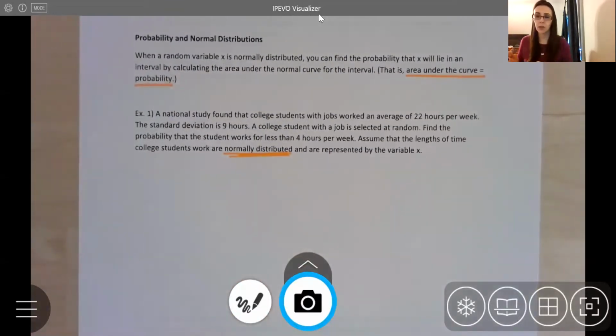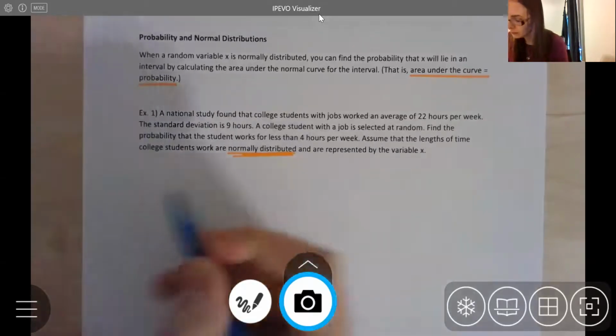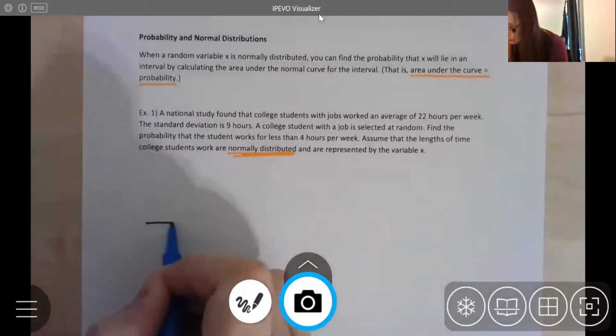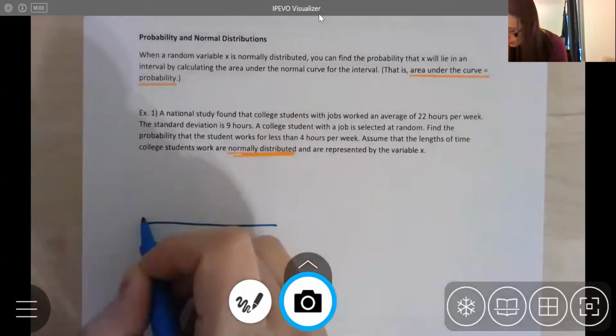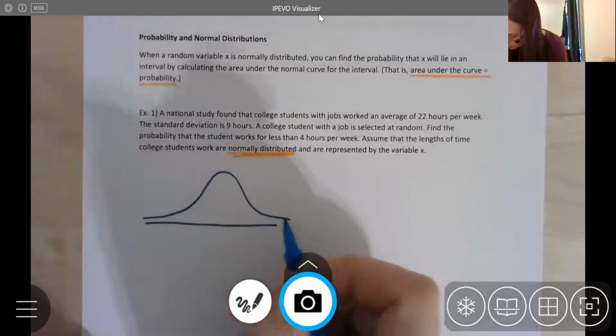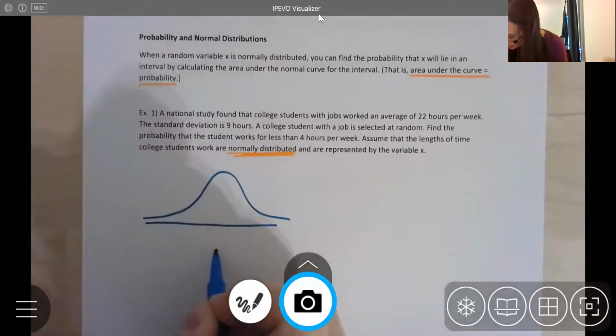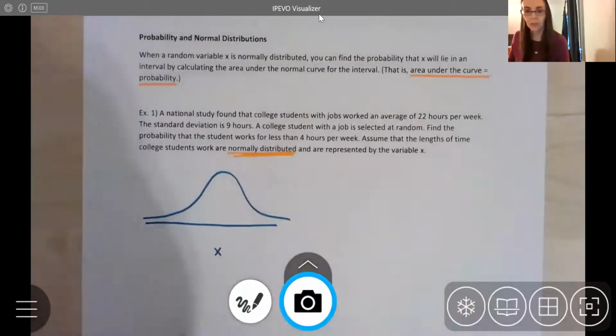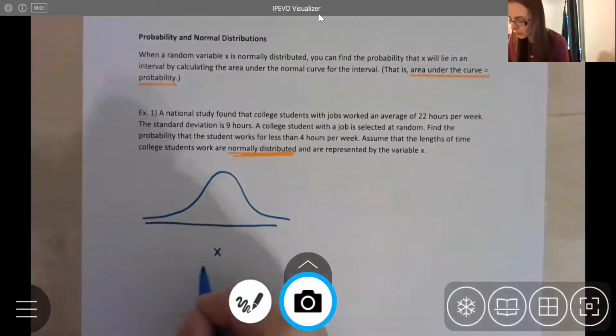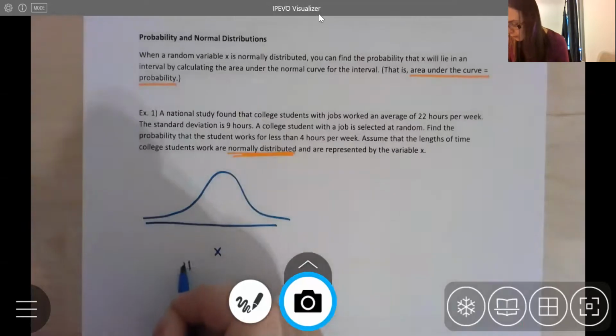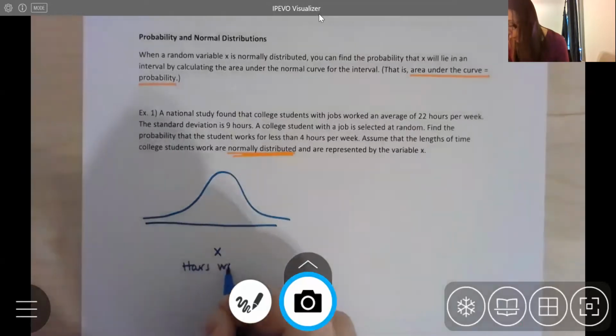So, the first thing I'm going to do is draw a picture here. And I'm going to use my x values first. And x values were hours, right? Talking about hours worked.